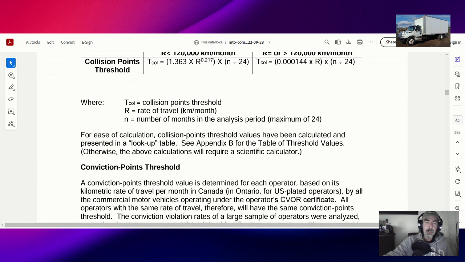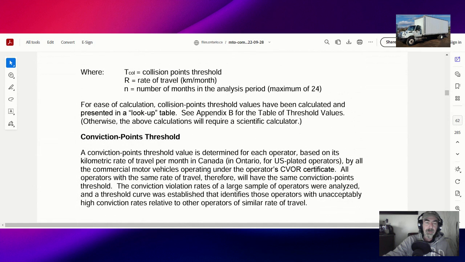Where TCOL equals collision points threshold, R equals rate of travel in kilometers per month, and N equals number of months in the analysis period, maximum of 24. For ease of calculation, collision points threshold values have been calculated and presented in a lookup table. See Appendix B for the table of threshold values. Otherwise, the above calculations will require a scientific calculator.